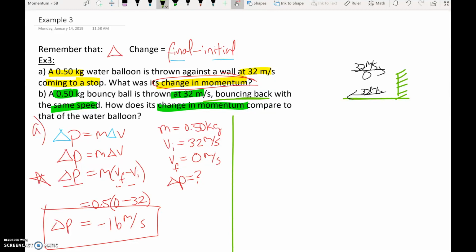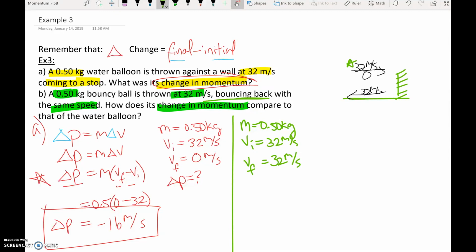So let's fill out what we got. It's the same mass for this scenario, same as that water balloon. That's a bouncy ball. And if it is thrown at 32 meters per second, that means our initial velocity is 32, right here. And it bounces back at 32. Okay, now think about this.